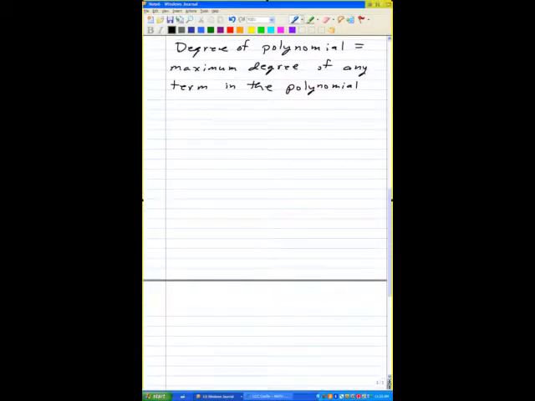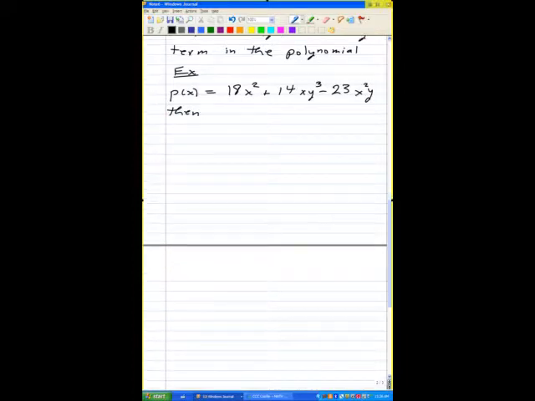So let's do an example. Let's say I had 18x squared plus 14xy cubed minus 23x squared y. Then let's look at the degree of each of the terms.